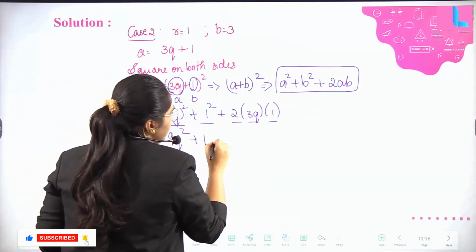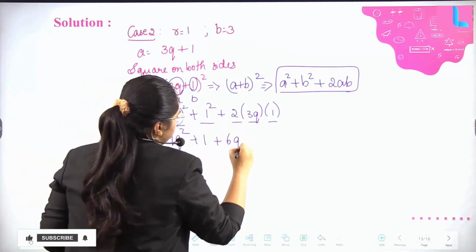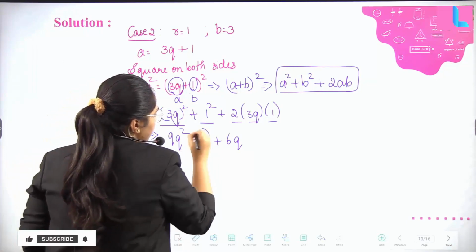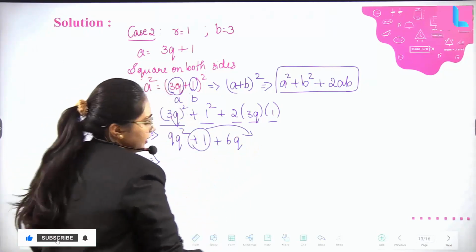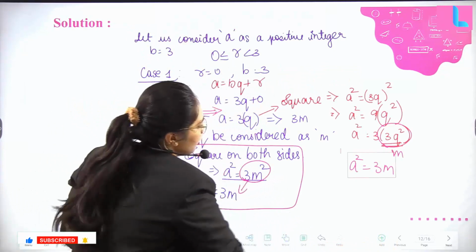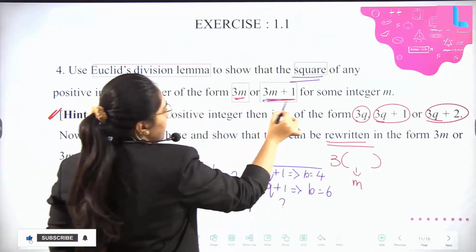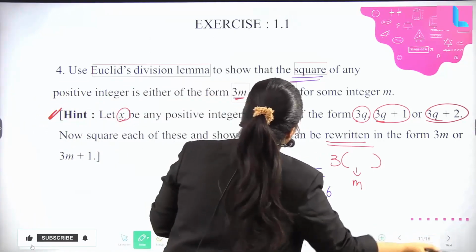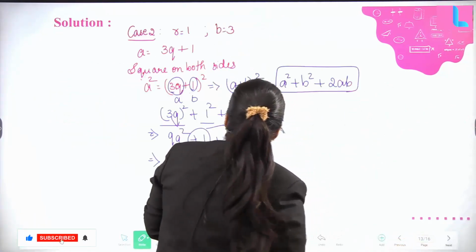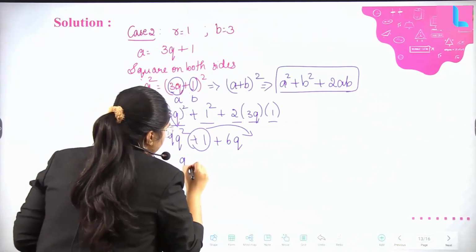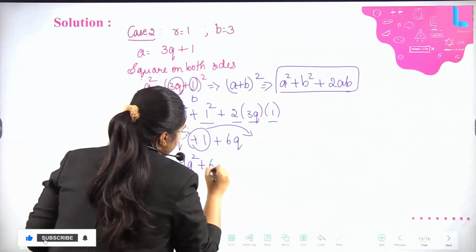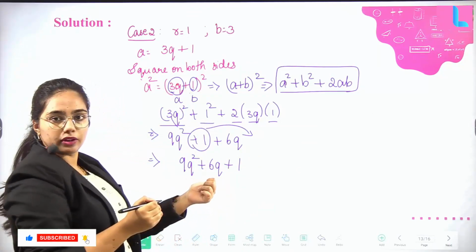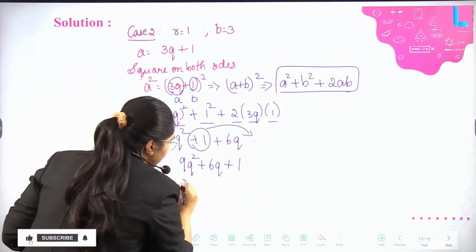9q square plus 1 plus 3 2s is 6q. We will write this 1 on the other side because we want it in this format. What is the format we need? 3m plus 1. 1 is on the right hand side. So we'll consider 1 on the right hand side. Here we'll rewrite the same. Again we can take this as common. What common do we need? 3 common we need.